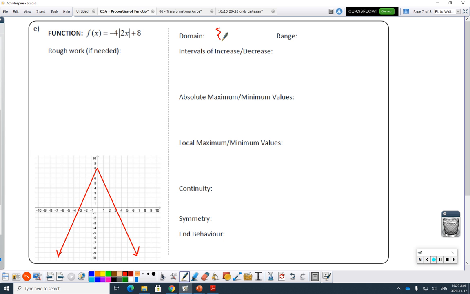Domain, x element of reals. Range, y element of reals, such that y is less than or equal to 8. Intervals of increase and decrease. Increase, x less than 0. Decrease, x greater than 0. Absolute max and mins.